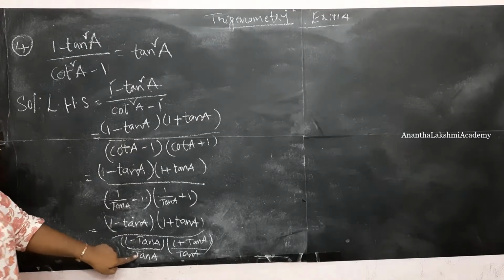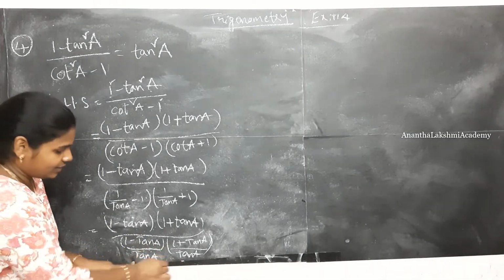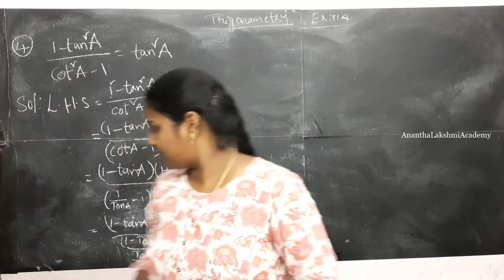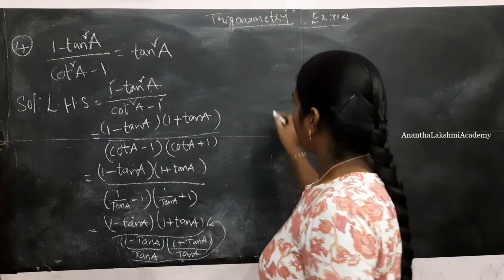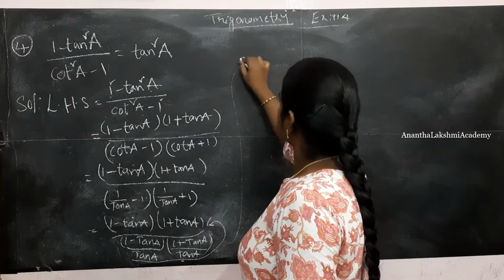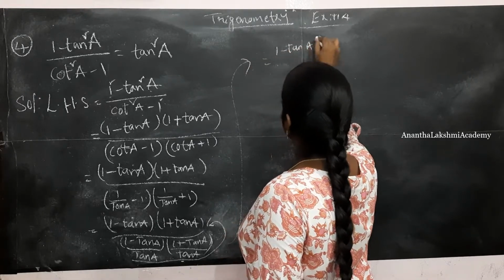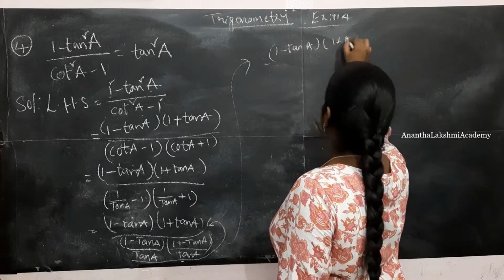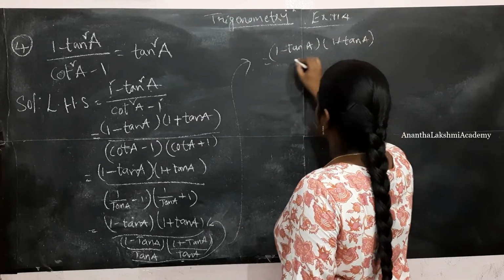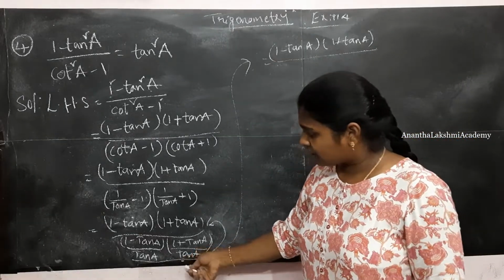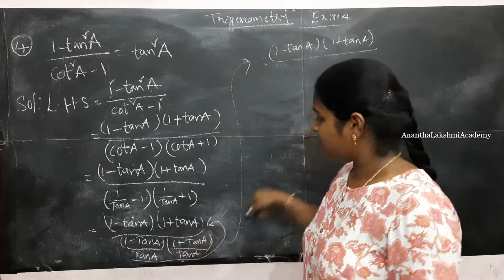Alright, so this is a fraction in the denominator. The denominators get to move upside, so that way we have continuation here. 1 minus tan A, 1 plus tan A. The denominators of the down fractions are going to come here.